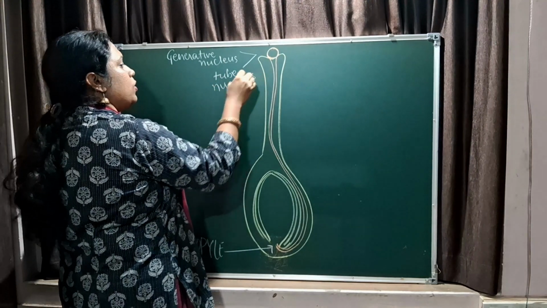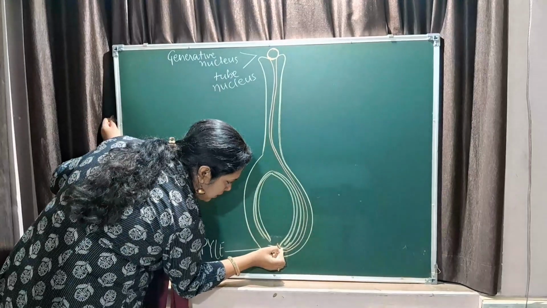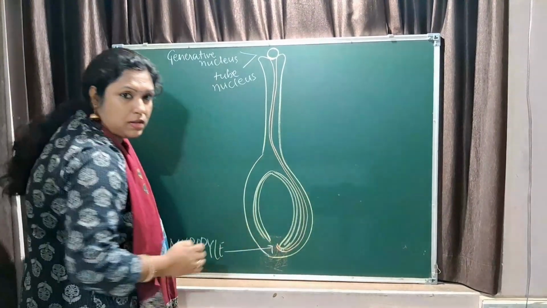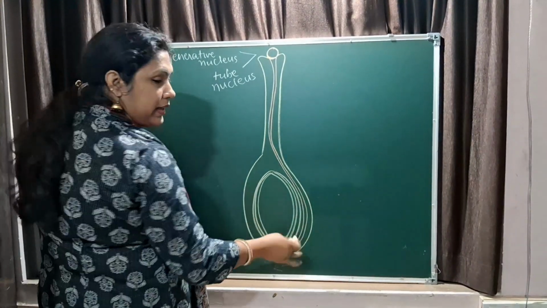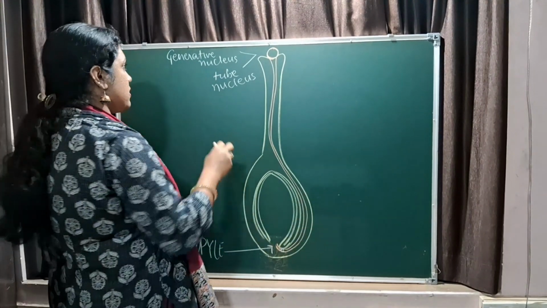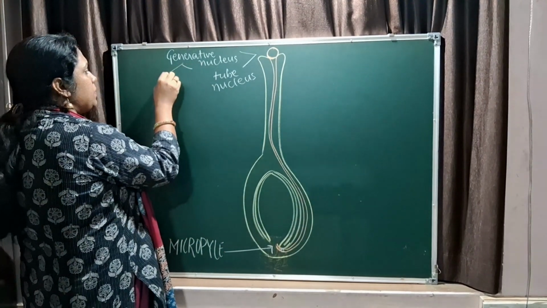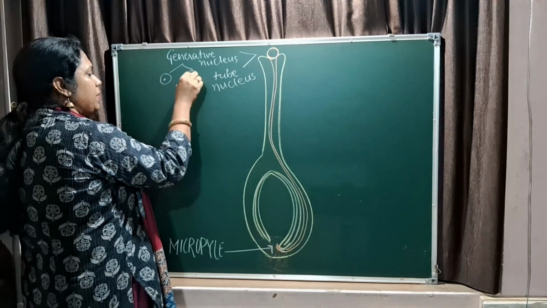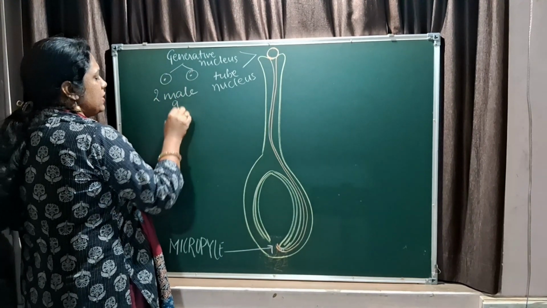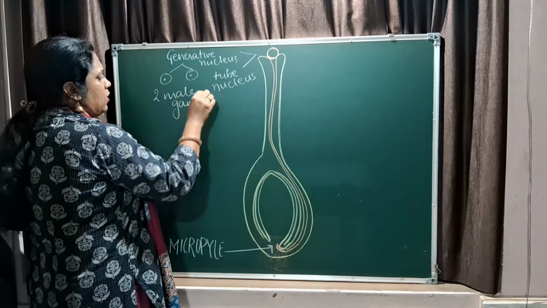Now the tube nucleus is produced here. Matlab, it just directs the tube to the micropyle and then it gets disintegrated or degenerates, and this generative nucleus produces two male gametes. Male gametes are produced. Okay.